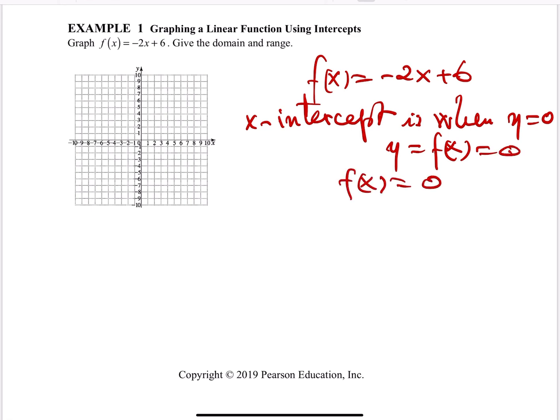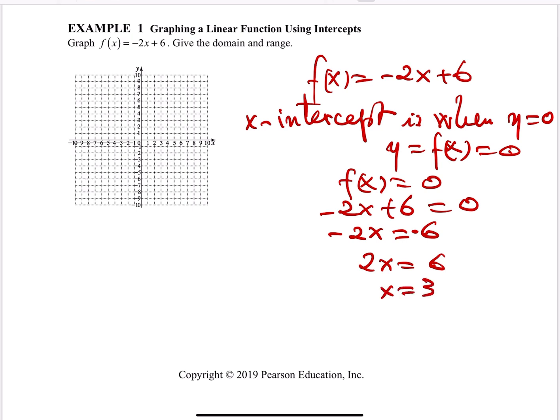So in our case, negative 2x plus 6 is equal to 0. Then negative 2x is equal to negative 6. If you divide both sides by negative 1, you have 2x is equal to 6. So then if you divide both sides by 2, you have x is equal to 3. Got it?